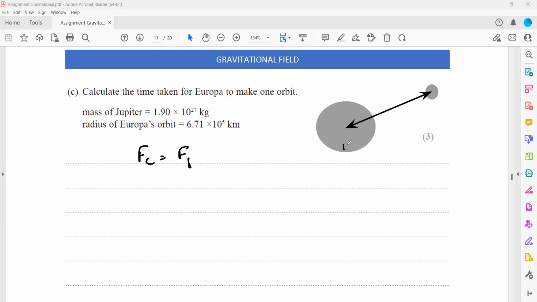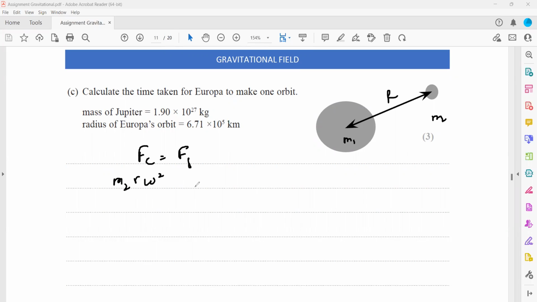Take the mass of Jupiter as m1 and the mass of Europa as m2, and the distance between them is r. The centripetal force is equal to m2 v squared over r, or m2 r omega squared, which you can also use.